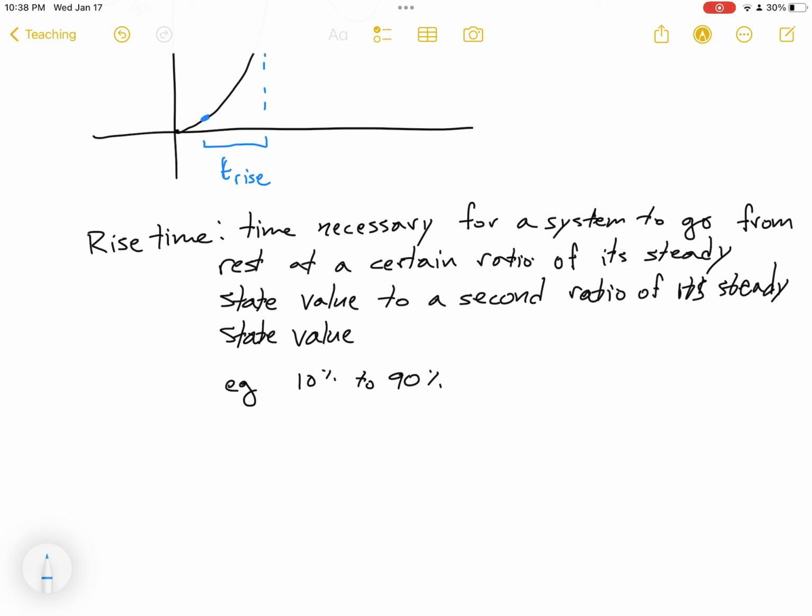But if you're dealing with an underdamped system, then the time to get from 0 to 100% of the steady state value is 1 over omega d times pi minus arctan of the square root of 1 minus zeta squared over zeta.